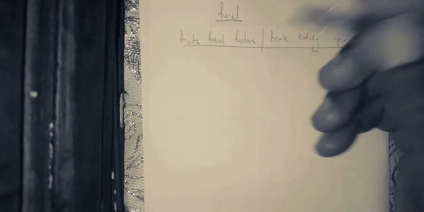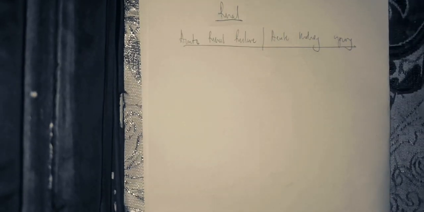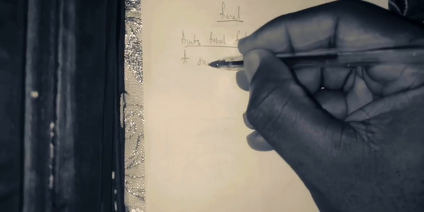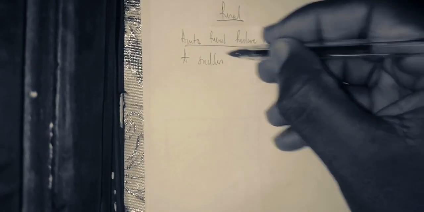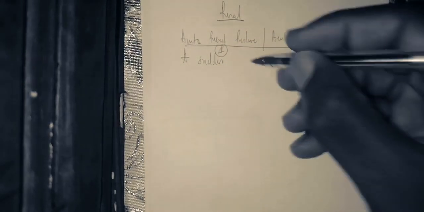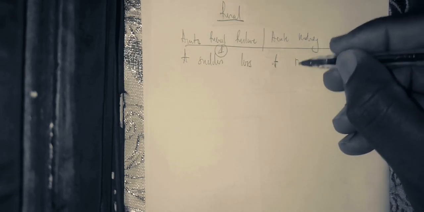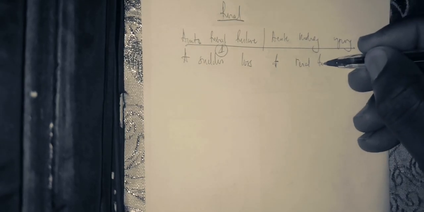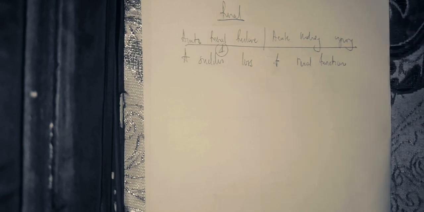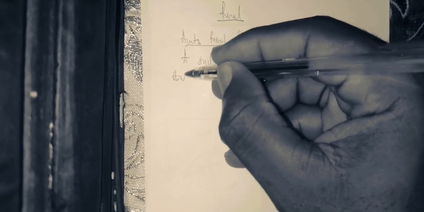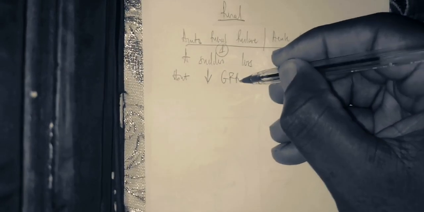The definition of renal failure has certain terms that you must always employ. It is a sudden loss of renal function, that's the first point. It is a sudden loss of renal function that is a reduction in glomerular filtration rate.